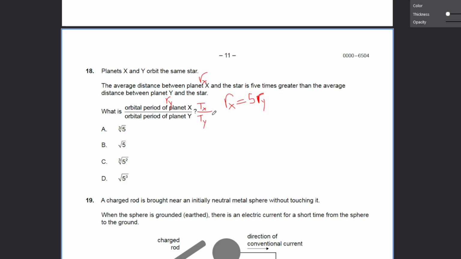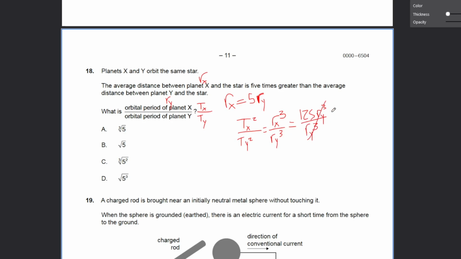Well, I can apply Kepler's third law. T sub X squared over T sub Y squared is equal to R sub X cubed over R sub Y cubed. And R sub X is equal to 5 R sub Y, and that is being cubed. So I'm just going to skip a step here and say 125 R sub Y cubed, and then it's over R sub Y cubed.